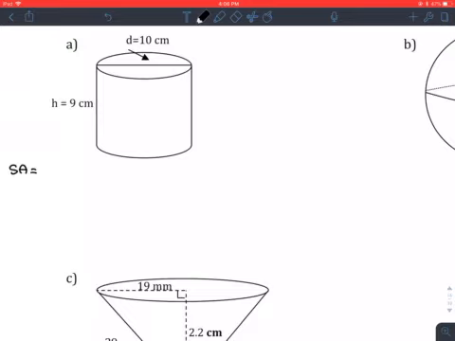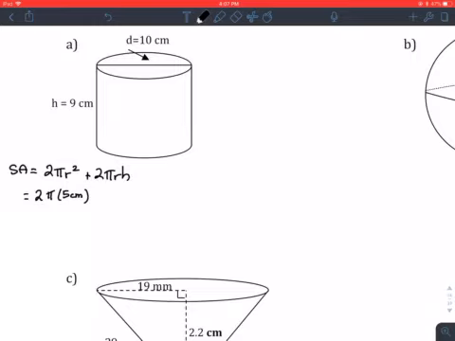Surface area is equal to 2 pi r squared plus 2 pi r h. And we can start substituting in our dimensions. 2 is constant. Pi doesn't change. My radius this time needs to be 5 centimeters since my diameter is 10. My radius means I cut that diameter in half.